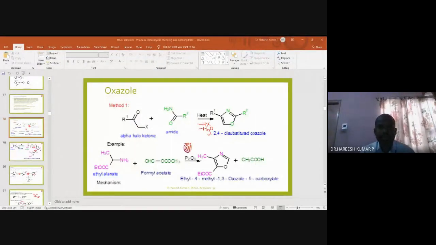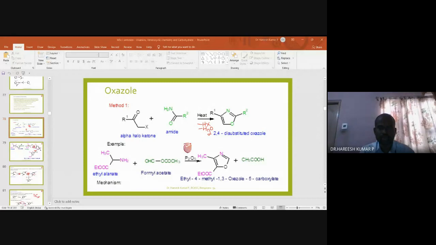Then, how can one synthesize a 1,3-oxazole? Of course, it's a substituted one. Suppose R1 and R2 are hydrogen, then it is oxazole itself.